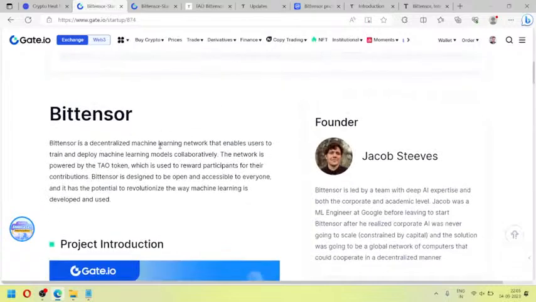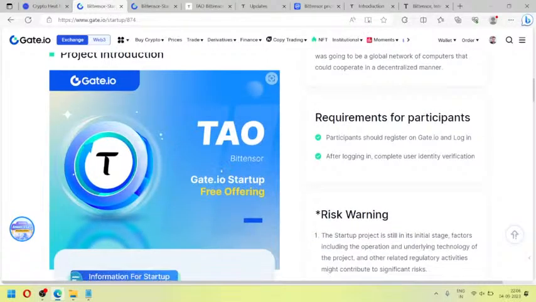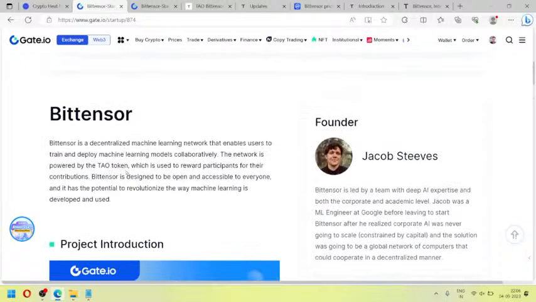And you can see what Bittensor is. Bittensor is a decentralized machine learning network that enables users to train and deploy machine learning models collaboratively. The network is powered by the TAO token. The Bittensor token's ticker name is TAO, which is used to reward participants for their contributions.